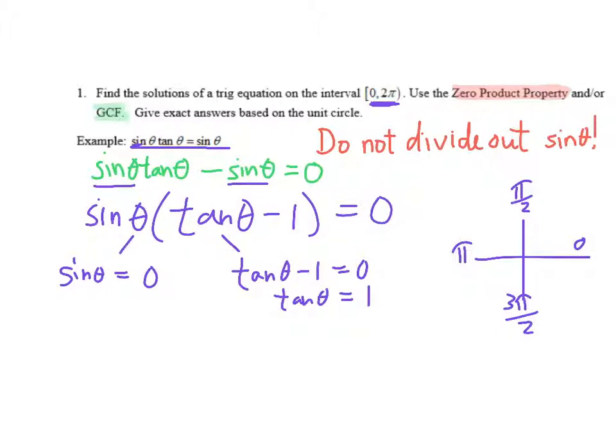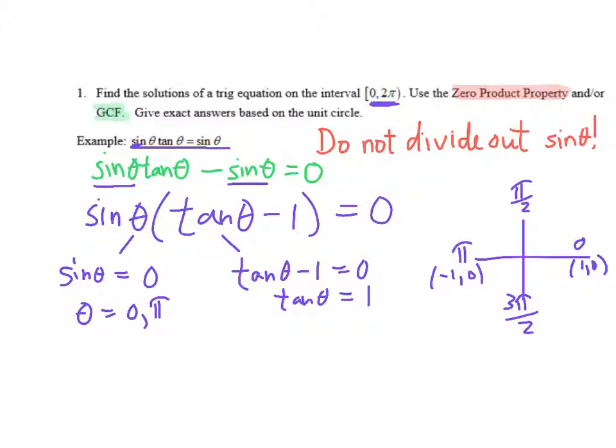Remember, sine is your y value, so sine would be 0 at 0 and at pi. Okay, so on this side, our solution is theta equals 0 and pi. Those are the two values for which the y value is 0 on the unit circle.